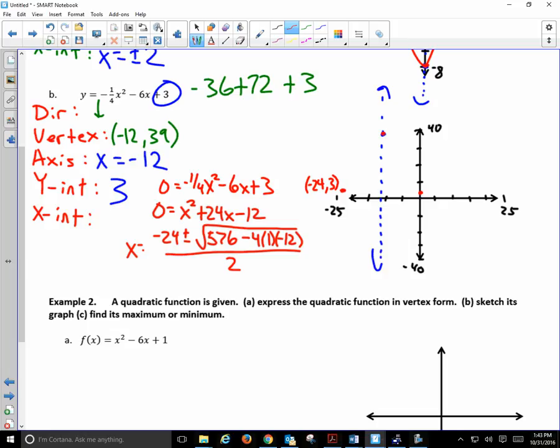Nope, 625 is, shoot, missed it by 1. But what if you ended up with a negative? Square root of a negative, what does that mean? Imaginary. What does that mean graphically? If you have an imaginary solution for your x-intercepts, that means it doesn't cross the x-axis.